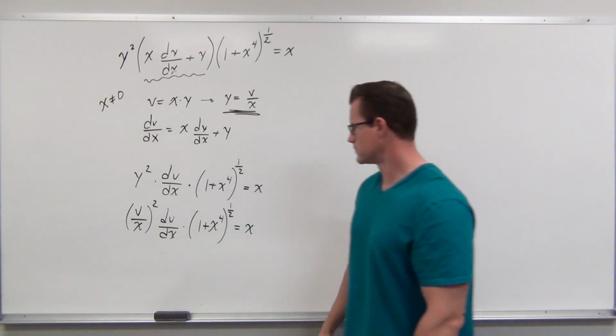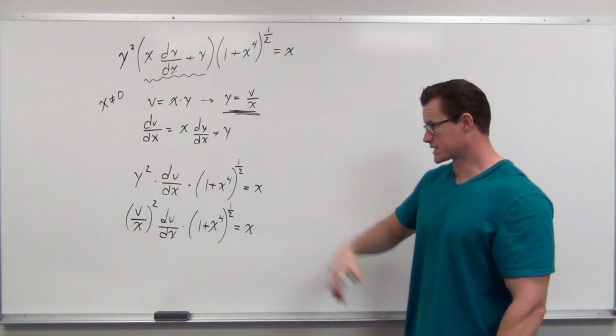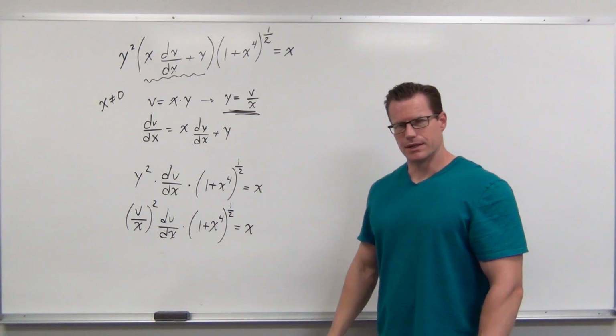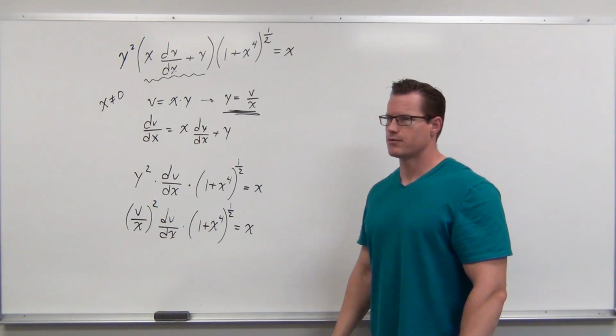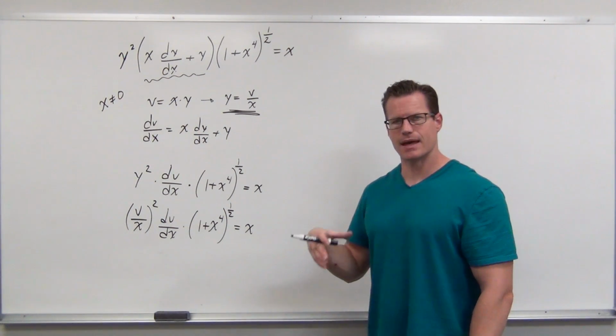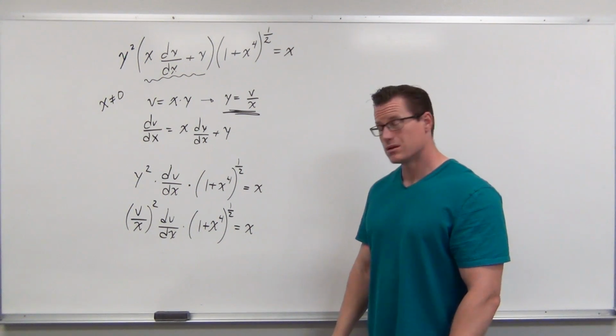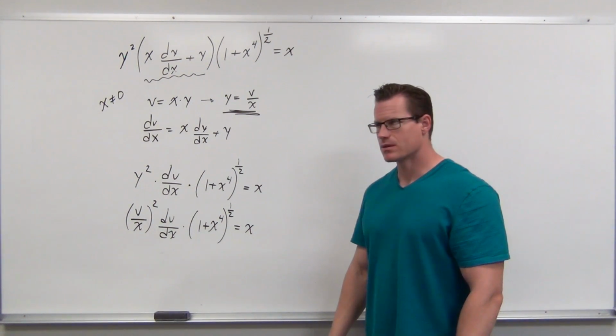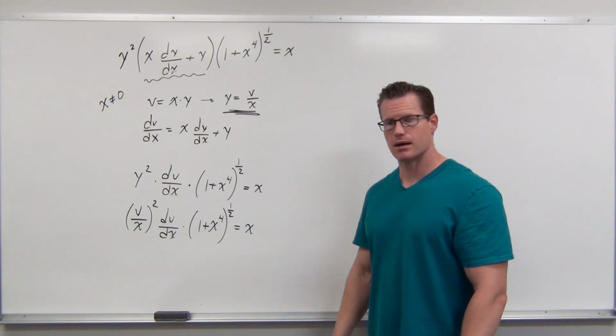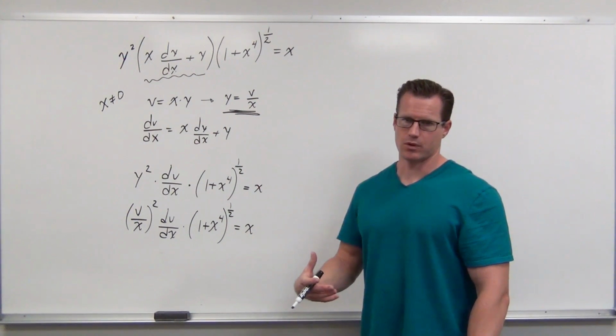And you go, well, what's that look like? Does it look linear to you? Does it look like you have a term that's added that has v to the first power? No, it doesn't. In fact, is everything multiplied and divided? Yeah. This needs to be a separable equation for us.